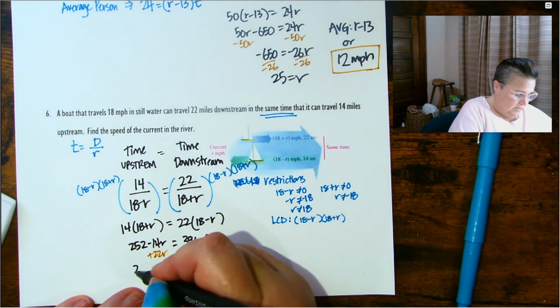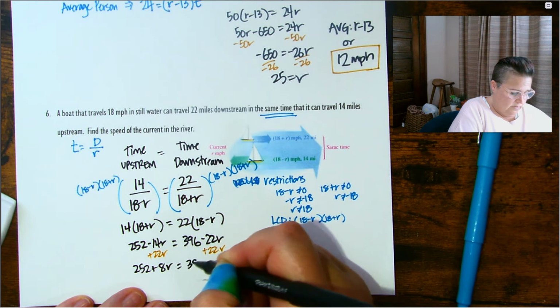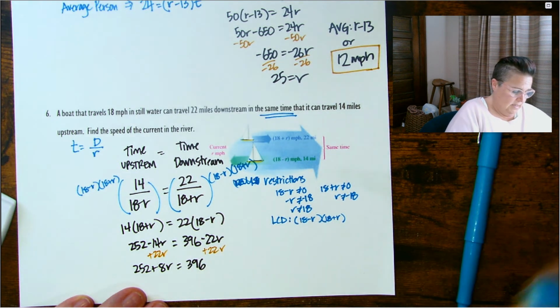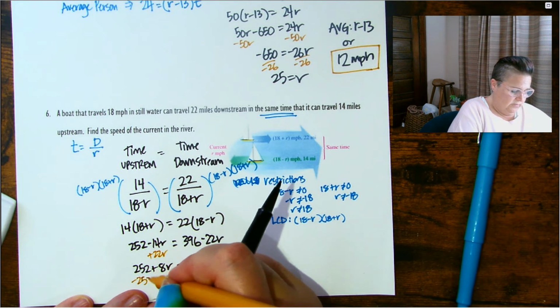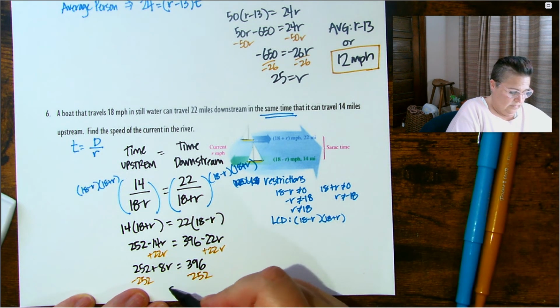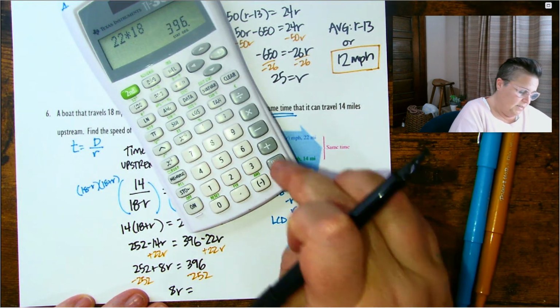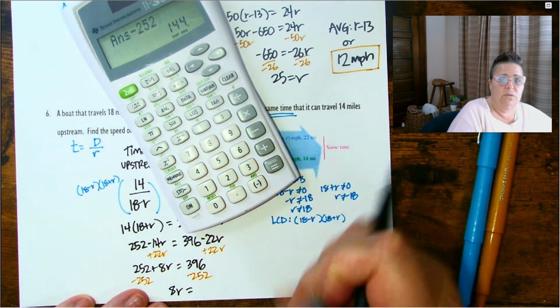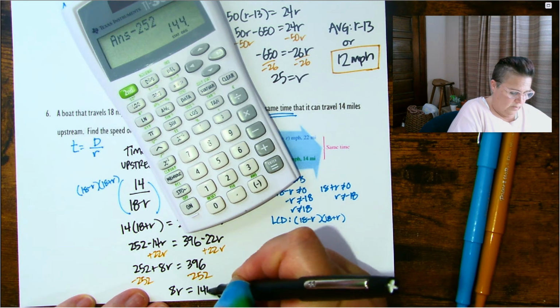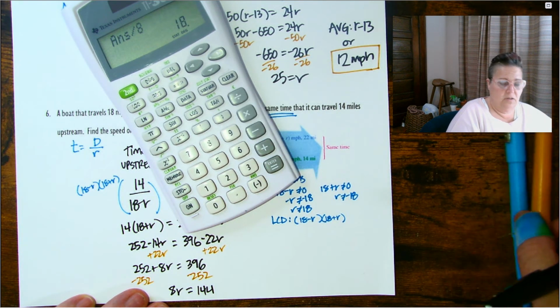That's going to get me 252 plus 8R is equal to 396. I'm going to subtract the 252 to get 8R is 396 minus 252, 144. Now I'm going to divide that by 8.